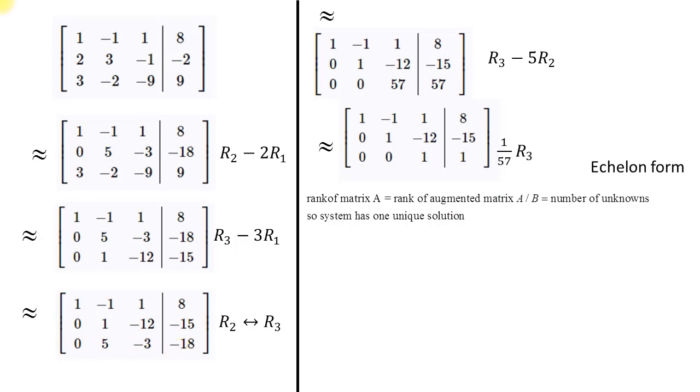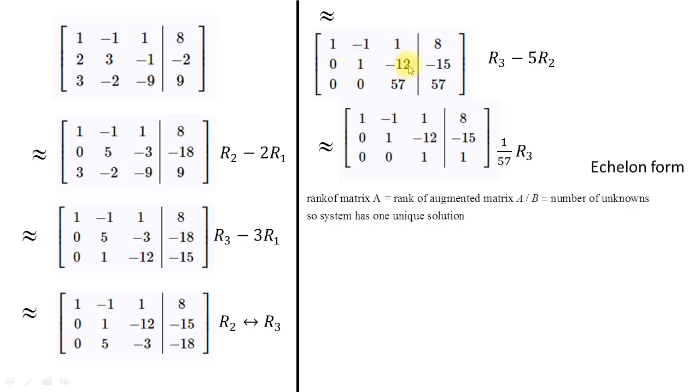Now for the echelon form, this entry will be 0. So multiply the second row by 5 and then subtract from R3. 5 times R2 subtracted from R3, we obtain 1 minus 1 1 8, 0 1 minus 12 minus 15.